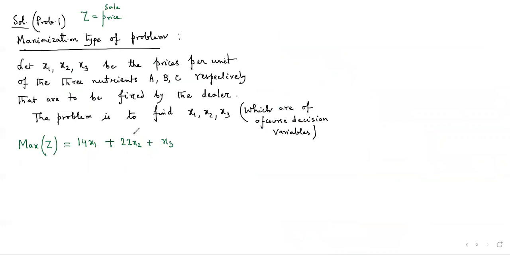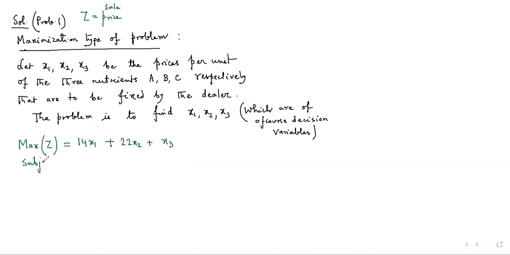If the per unit price of nutrient B is x2, then 22 units of nutrient B will have price 22x2. The per unit price of nutrient C is x3, so 1 unit of nutrient C is obviously x3, and the total of this will decide the maximum sale price.